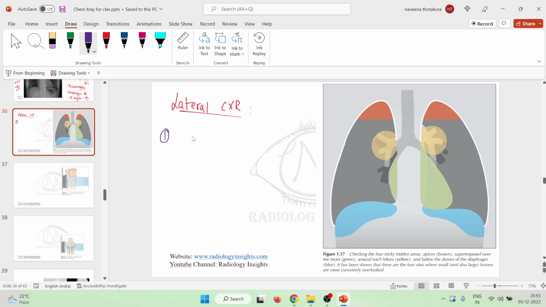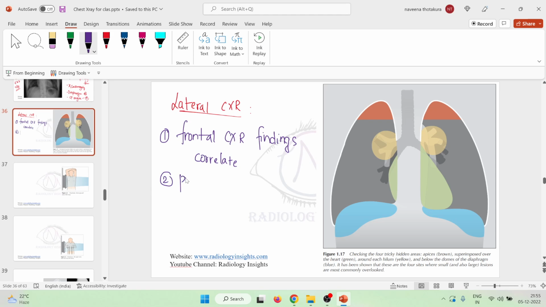That means whether the findings of the frontal chest X-ray correlate with the lateral chest X-ray or not.